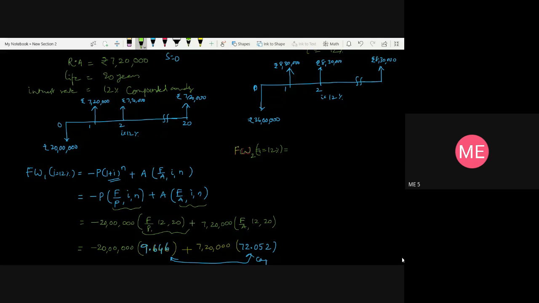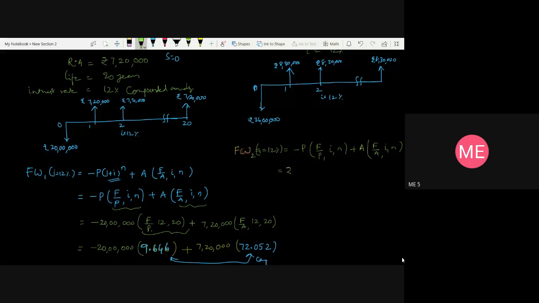I can write minus P into F by P, I comma N, because it is revenue dominated, plus the revenue is an annuity, so A into F by A, I comma N. So substitute this in the equation.